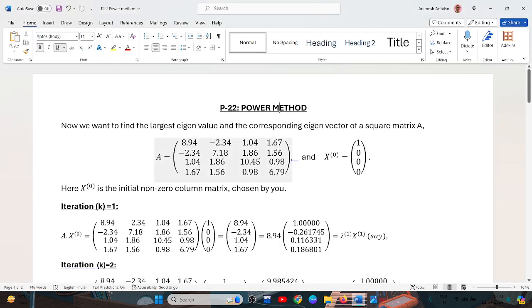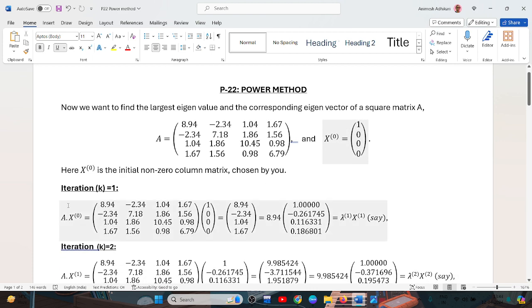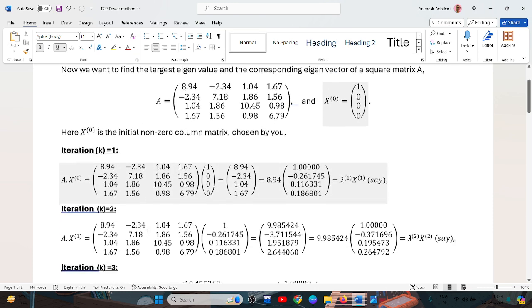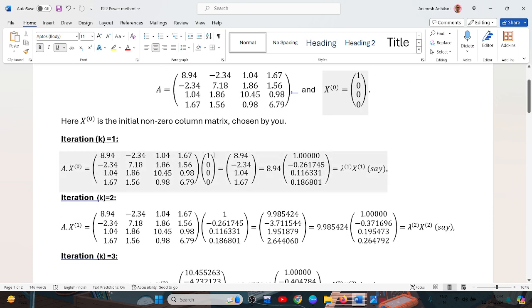This is the given 4 by 4 matrix A, and this X0, where the bracket indicates the initial approximation. So this 1 0 0 is chosen by you, and in the first iteration, A into X0, the given matrix A and this x0, we get the product matrix. The numerically largest value is 8.94, so we take it common and divide all elements of this column vector by 8.94.